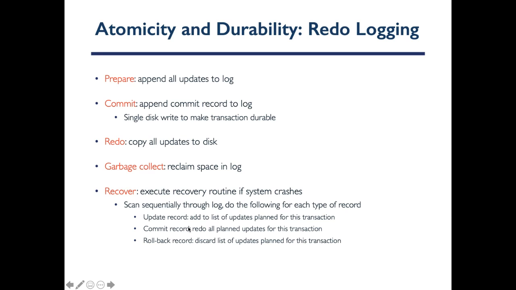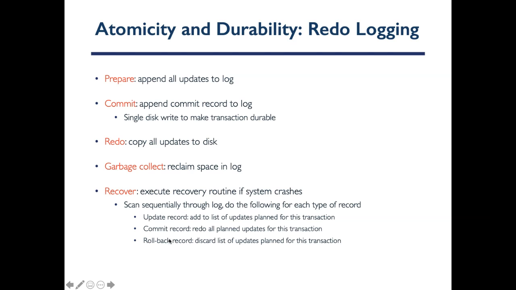If the record that you read from your log is a commit record, that means that you failed after a commit, so in your recovery you can go ahead and redo all of these. You can now permanently write them to your storage.